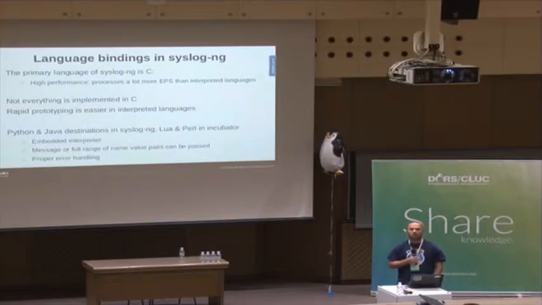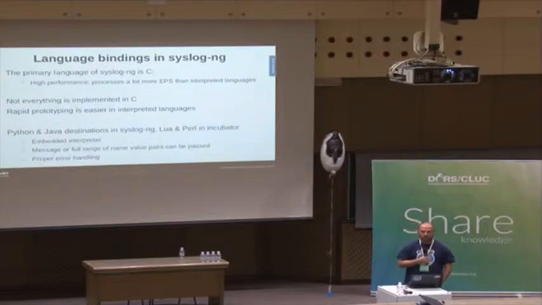That's why we started to add language bindings to syslog-ng. Right now, mainly on the destination side, but also in the development branch, we have some for parsing. Python and Java are already in the official syslog-ng core, and Lua and Perl support are in the syslog-ng incubator and will be merged into syslog-ng most likely later.